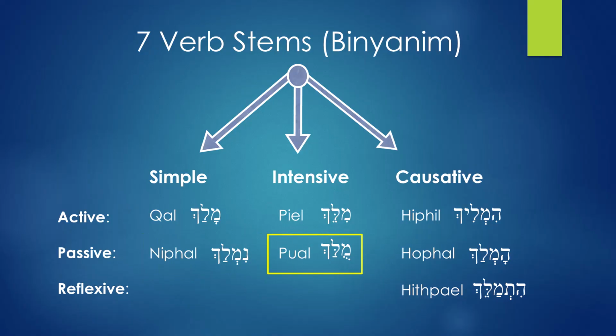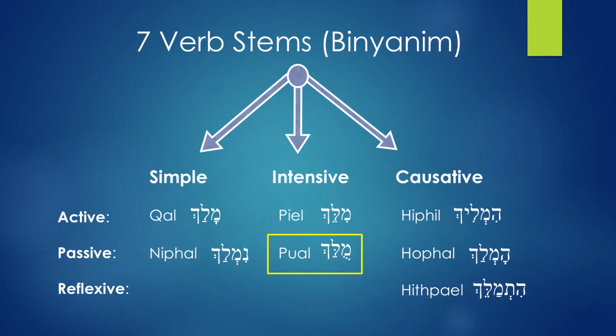And then we have the Pual stem. In Pual, the kind of action is intensive action and the voice is passive. You can see we are in the passive. Passive again means the subject is receiving the action. The translation is going to be he was ruled. Now remember, Pual is intensive, but for the verb you are using, it's a bit hard to see that.